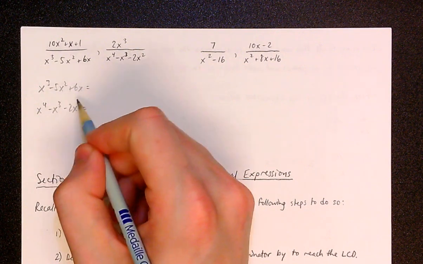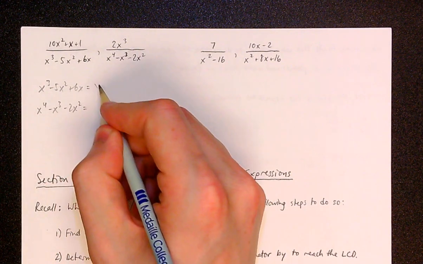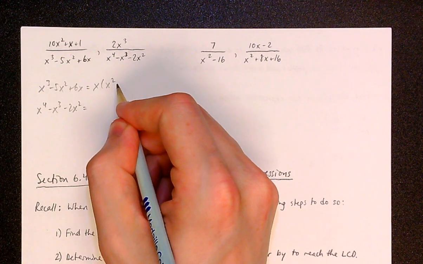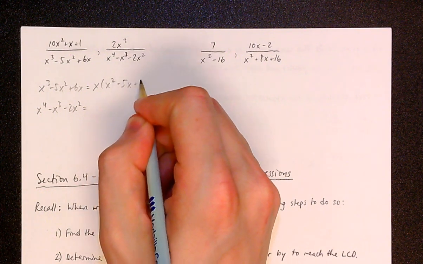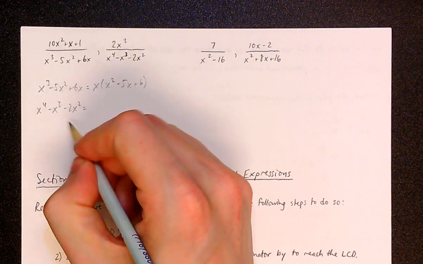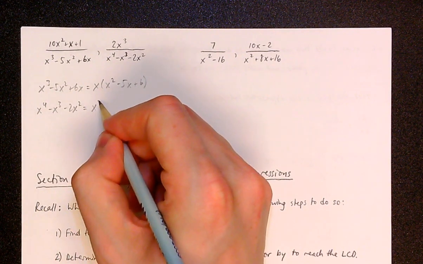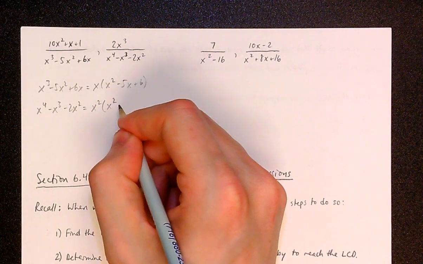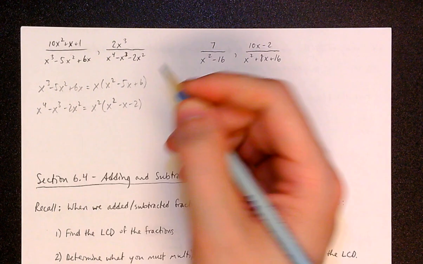In this one here, each of the terms contains a common factor of x, which we can pull out. So we're left over with x squared minus 5x plus 6. Here, each of these terms contains an x squared, which we can pull out to give me x squared minus x minus 2.